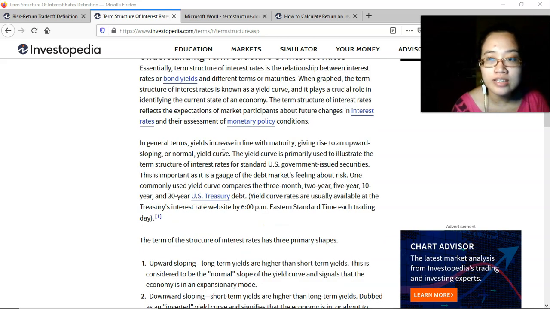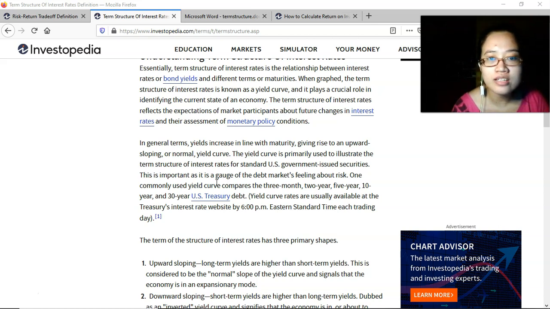In general terms, yields increase in line with maturities, or the longer the investment, the higher the return or the yield. So yield is just another term for the return or the profit or the earnings. Okay, giving rise to an upward sloping or normal yield curve. The yield curve is primarily used to illustrate the term structure of interest rates for standard U.S. government-issued securities.